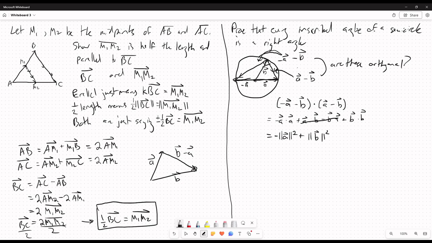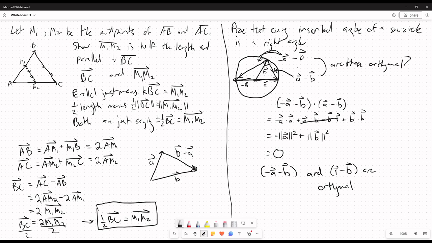And we're interested in what this is. Since A and B are both radius vectors, they have the same length. This means that when we subtract these, we're going to get 0, which then shows us that, yes, negative A minus B and A minus B are, in fact, orthogonal.